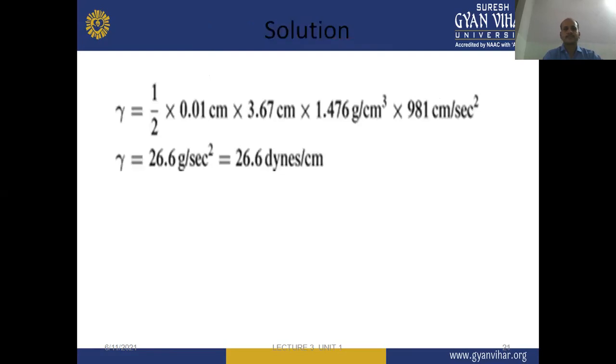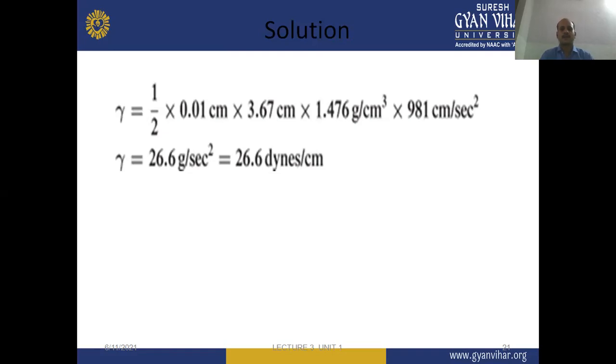So this is the solution here. When we go through the formula, gamma equal to 1 by 2 R H rho g, and put the values here, gamma is equal to 1 by 2 into 0.01 centimeter into 3.67 centimeter into 1.476 gram per centimeter cube, which is the density, and 981 centimeter per second square, which is the acceleration due to gravity.